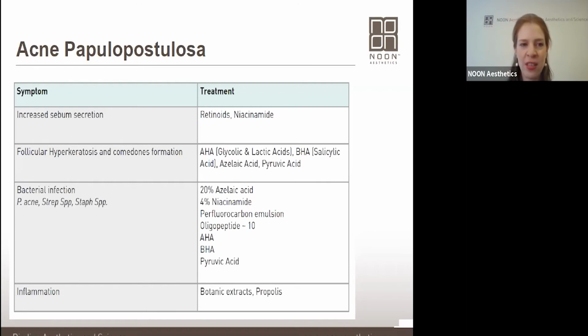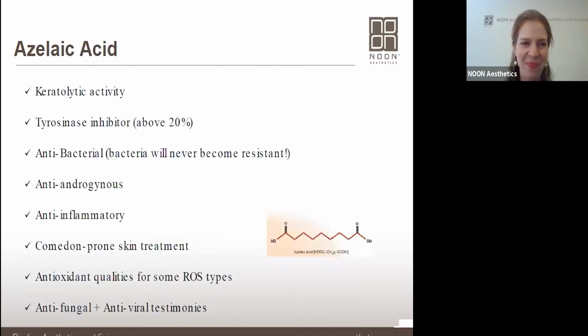And the 4th symptom that I have to cover is handled by botanical extracts and propolis that I have in the ampoules and the acne solution. So let's go over and see the products. First, I would like to add and explain a few words about azelaic acid.